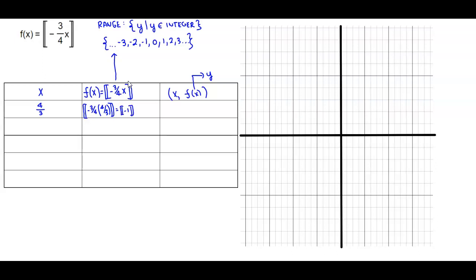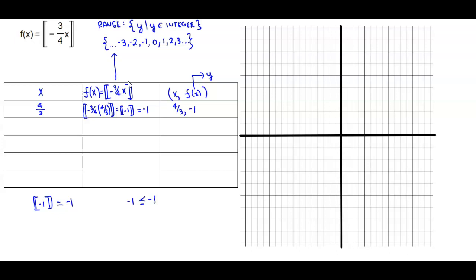Now remember the definition of the greatest integer function of -1. We have -1 as our x, so what number is less than or equal to -1? The answer is -1. So therefore, this answer is -1. So at 4 thirds, we have a y value that represents -1.